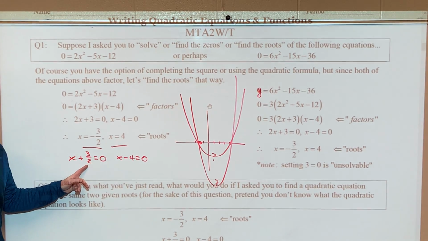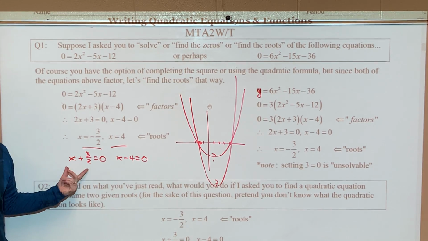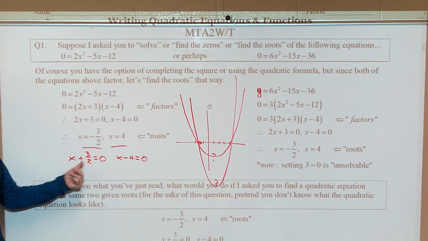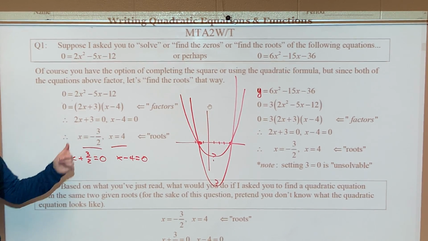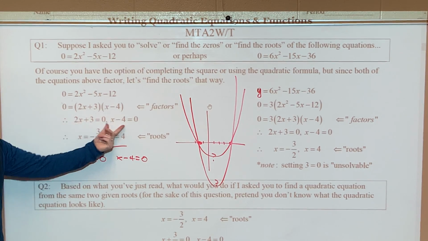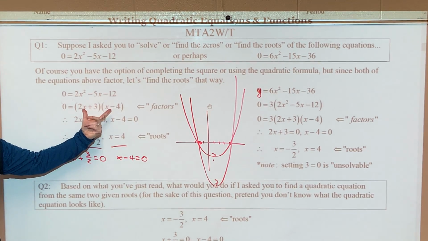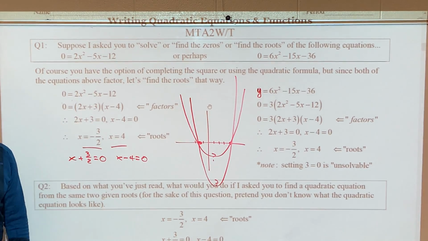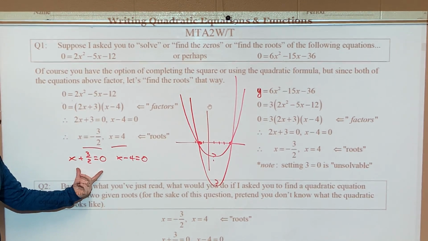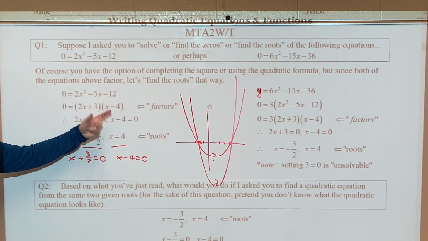And if I don't like the fraction, I could multiply both sides by 2 to turn it back into a nice, prettier looking factor. Are you with me? And then, once I have the factors, I can write them as a product of two factors, multiply them together, and there's my equation.